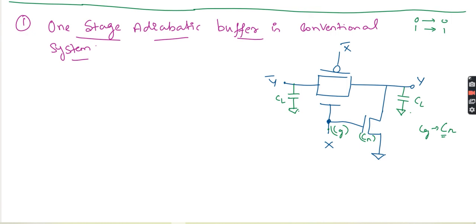Whatever value is there in Y bar, the same value will come in Y. You have to assume that Y bar was pre-charged initially. If it is pre-charged initially, then if X is equal to 1, this will be on, then the same 1 will come, so this will be charged.